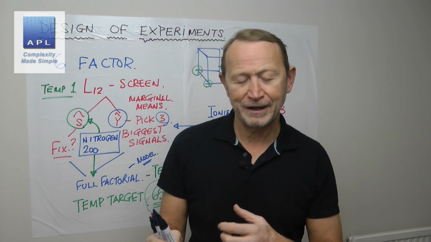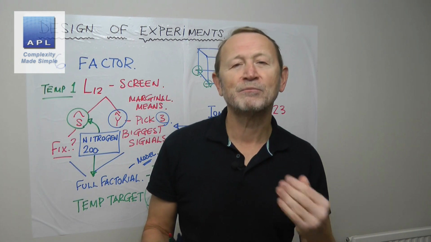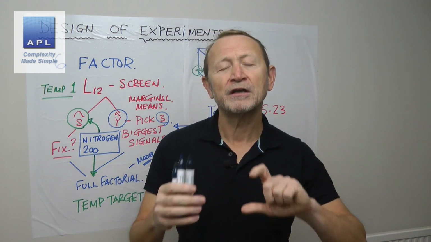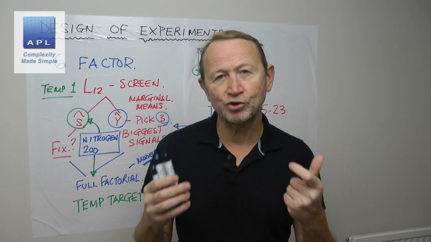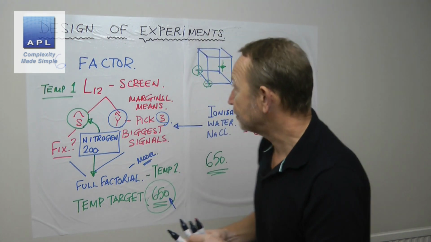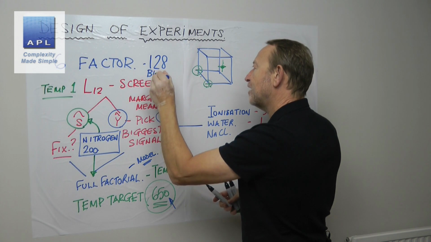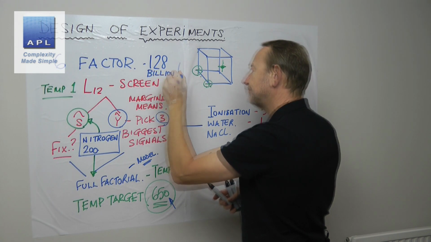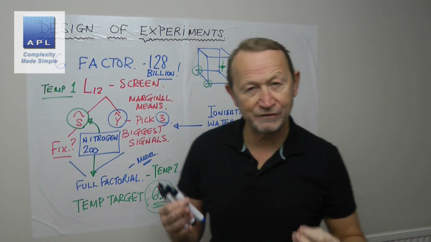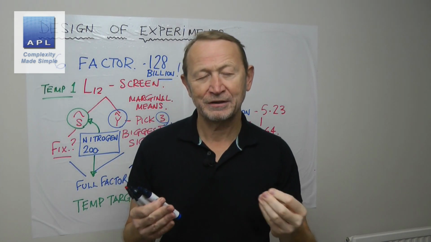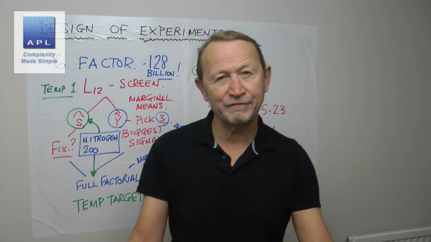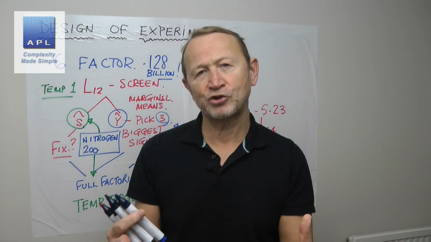We have the sodium content from 0.1 to 0.9. If you multiply those choices through, I think what you get is 128 billion ways of setting this process up. That's what was sitting in front of you. That's what the challenge was.